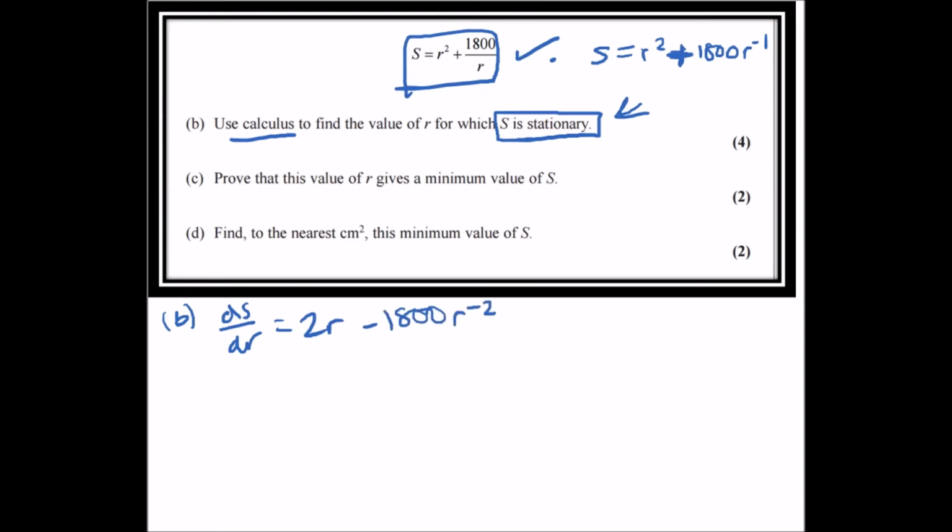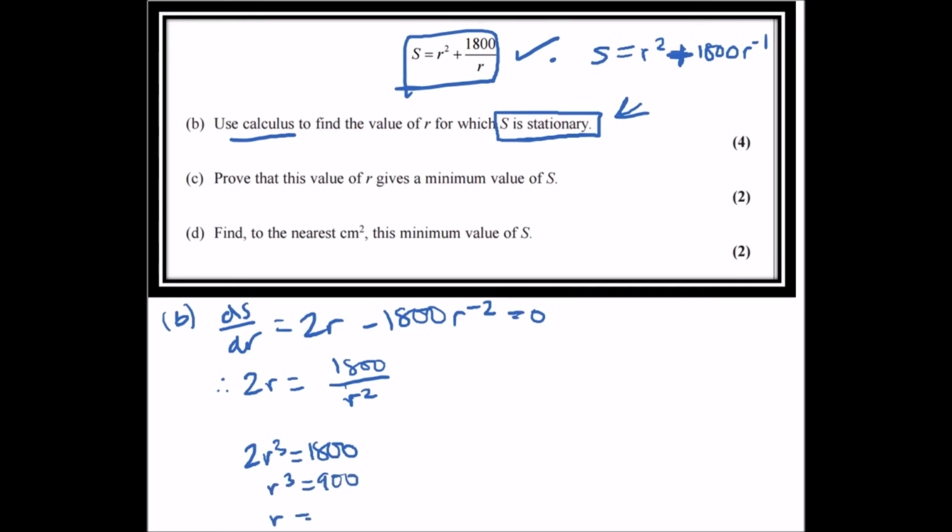Because we assume this is stationary, we set this equation to 0 and solve for R. So 2R equals 1800 R to the minus 2, or 1800 over R squared. Multiply both sides by R squared: 2R cubed equals 1800. Dividing by 2, R cubed equals 900.